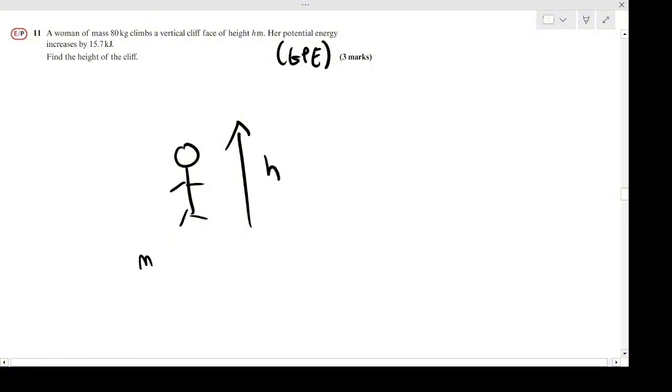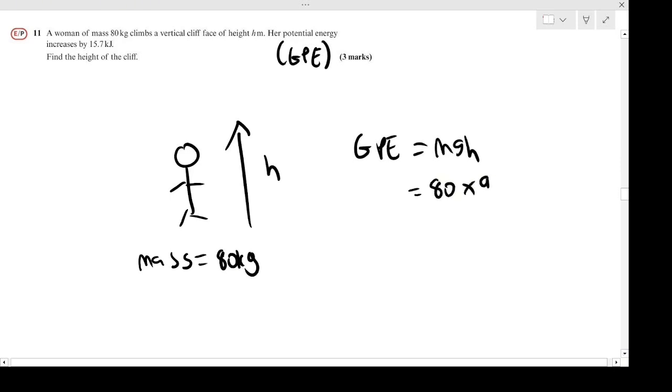The mass of the woman is 80 kilograms. So we can work out the GPE, which is mgh. The mass is 80 times g, 9.8, and the height, which is just h. We just leave it in terms of h. We can simplify this: 80 times 9.8 is 784 lots of h.